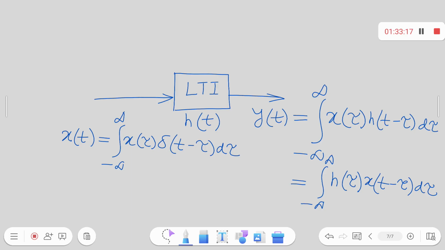And I have told you today that there are certain other properties like causality, stability, whether the system is memoryless or not. That can be visualized from the impulse response. Yes, it can be visualized, but how? That I will discuss in the next class. Okay.